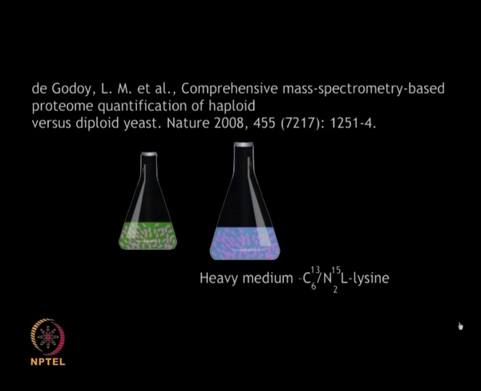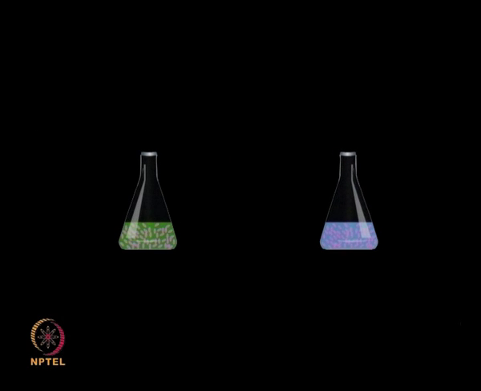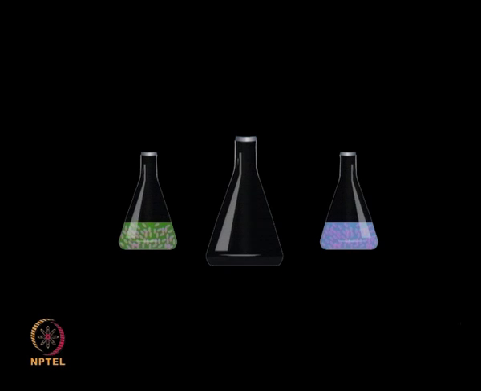The study was published in Nature 2008, a comprehensive mass spectrometry based proteome quantification of haploid versus diploid yeast. The labeled lysine residues were used to grow the diploid yeast cells, while the haploid cells were grown in normal lysine medium.